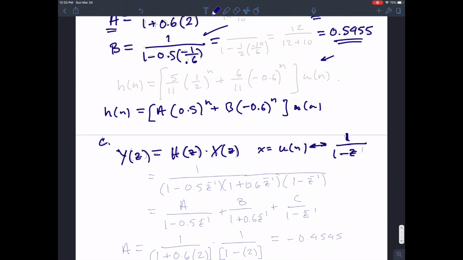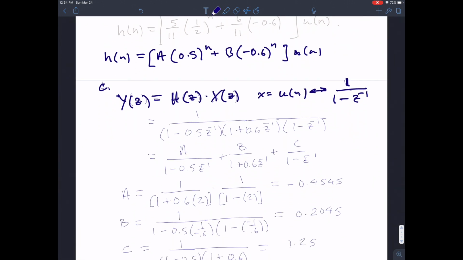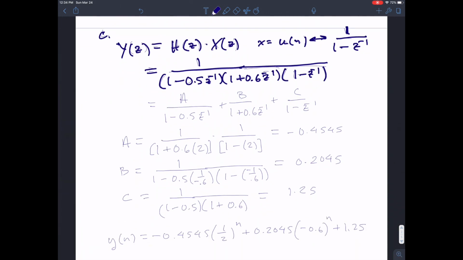The z-transform of a unit step is 1 over 1 minus z to the minus 1. Okay, so we can write this all out. I know then this would be the overall z-transform of the output signal y. It's just the product of those two z-transforms.